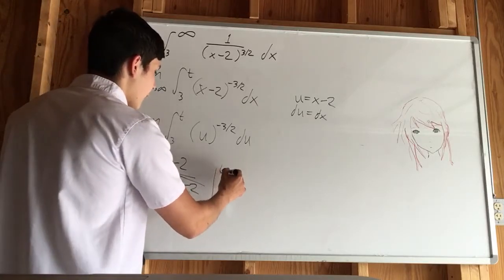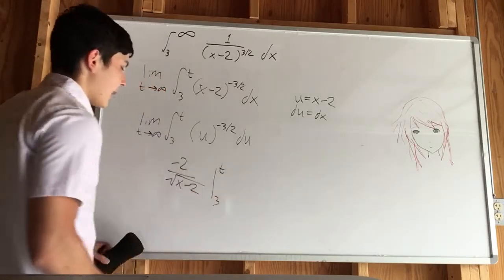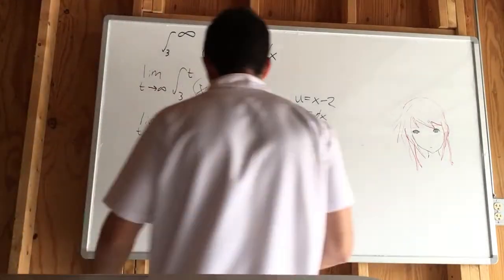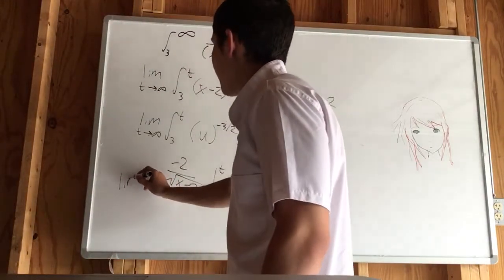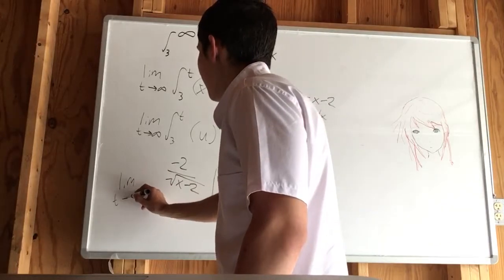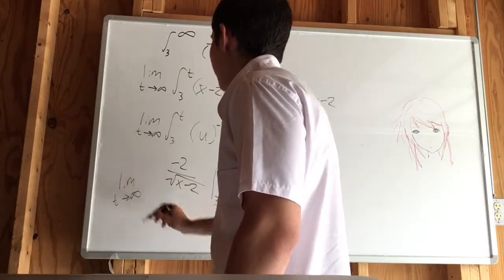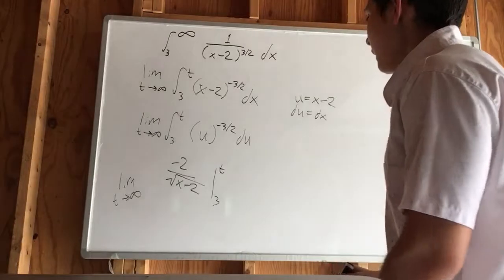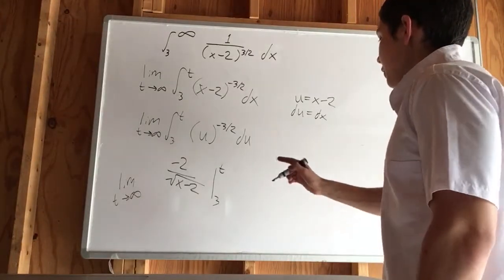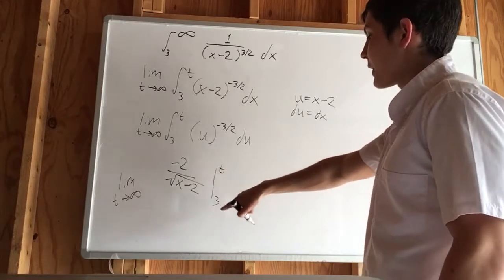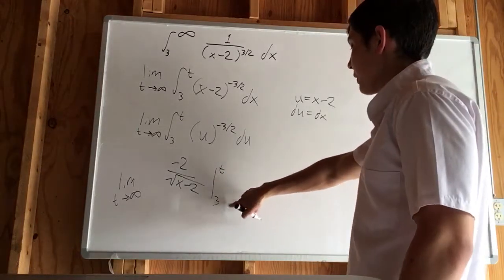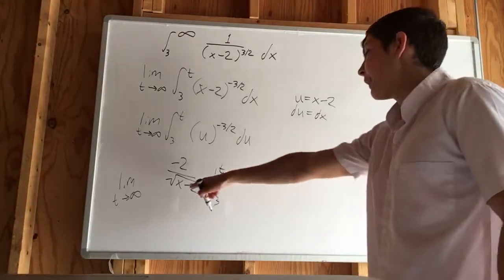So we have t, or 3. The limit as t approaches infinity. On one side, we're going to plug in the infinity. On the other side, we're going to subtract the plugging in 3 version.